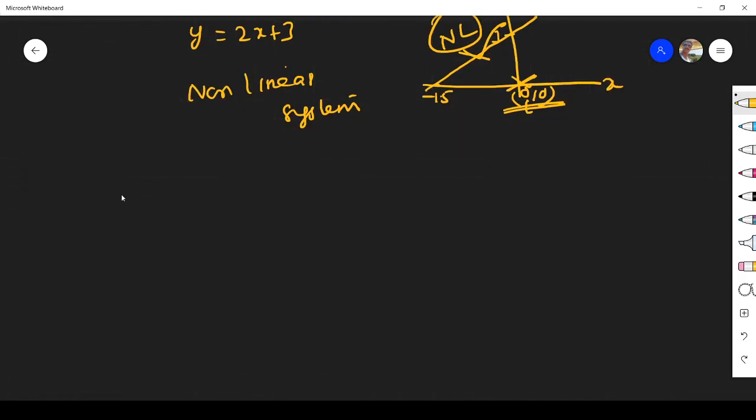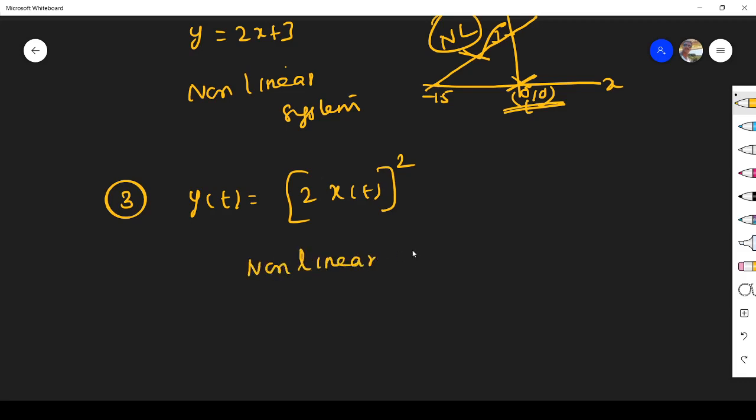Third one. Next we have y of t is equal to 2x of t whole square. Here surely it is going to be a non-linear system. Why is it non-linear? Because converted into mathematics, y is equal to 2x whole square, that is 4x square.